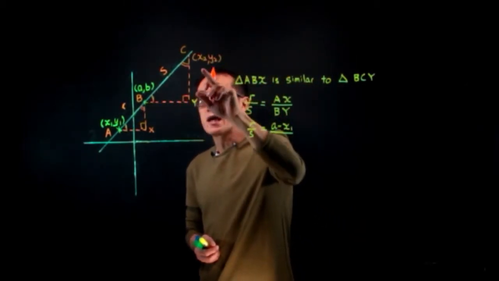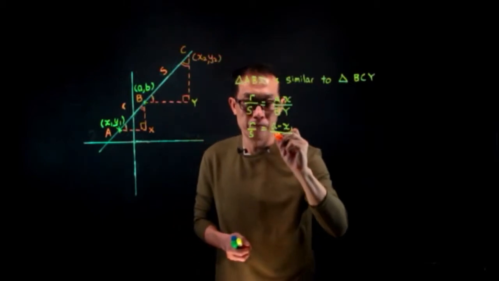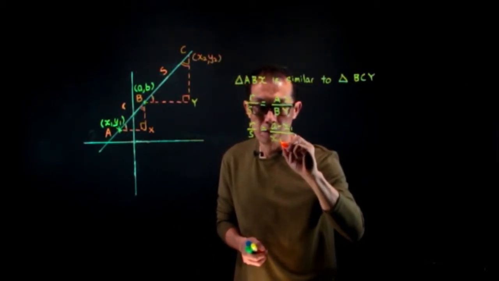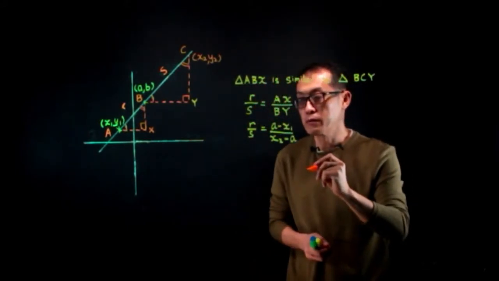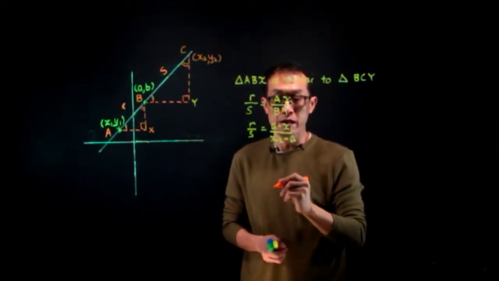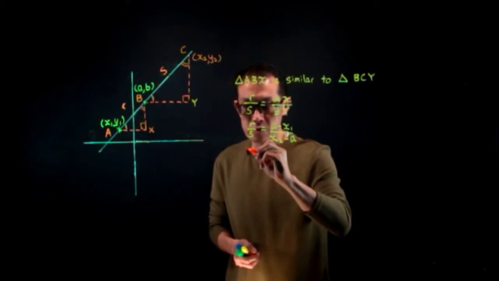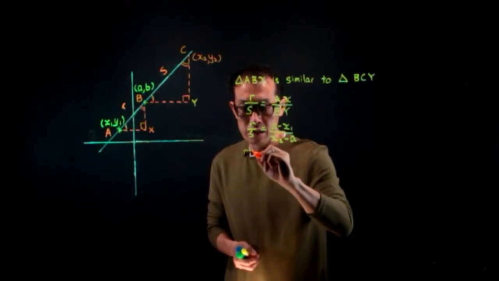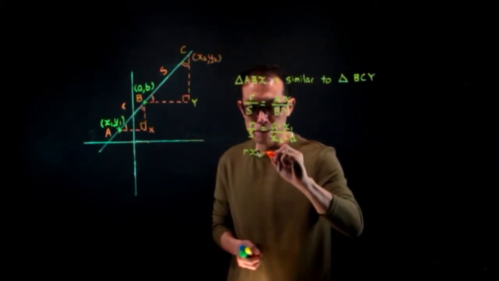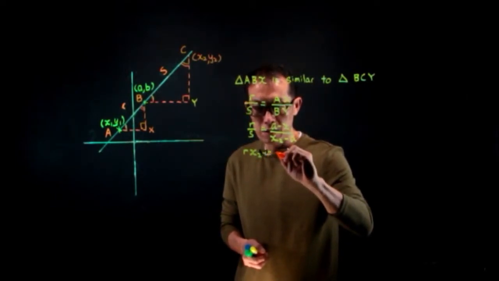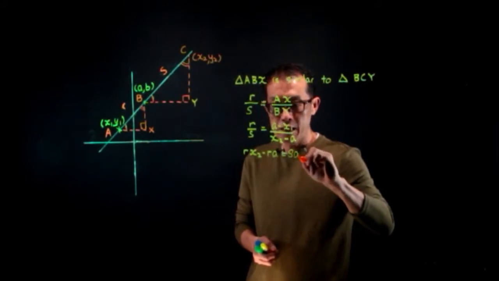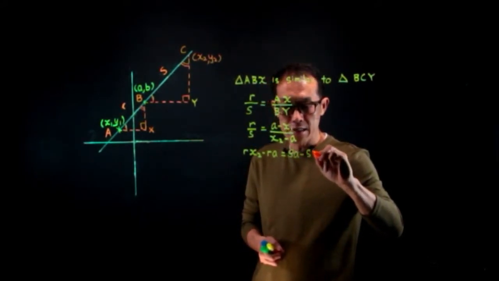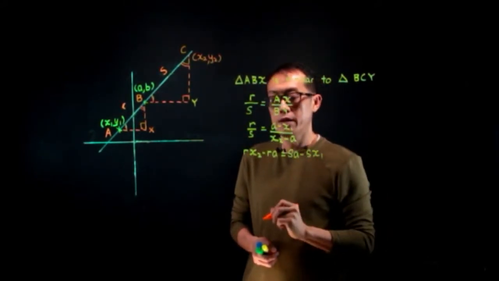BY is X2 minus A. Alright, so we can do a cross multiply and we make A the subject of the formula. So you have R X2 minus R A equals S A minus S X1.